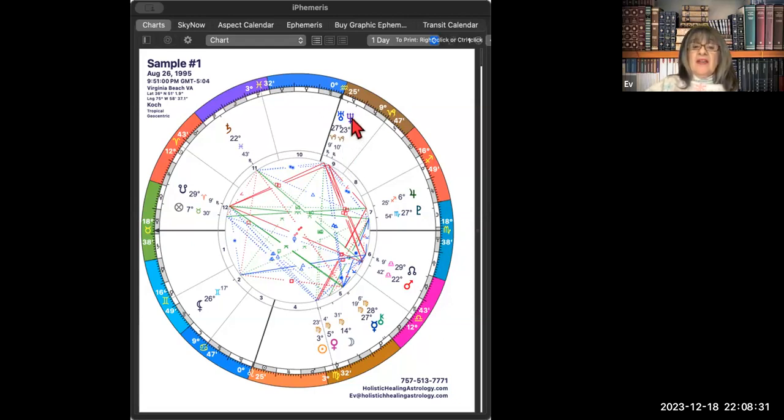Next planet is Neptune, 23 degrees Capricorn, 10 minutes. And the last planet is Pluto, 27 degrees Scorpio, 53 minutes. And this is a very popular generation, Pluto, 27 degrees Scorpio.